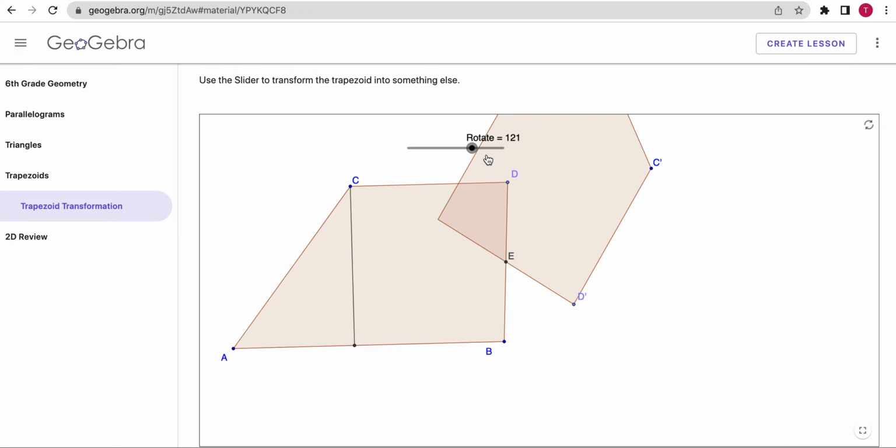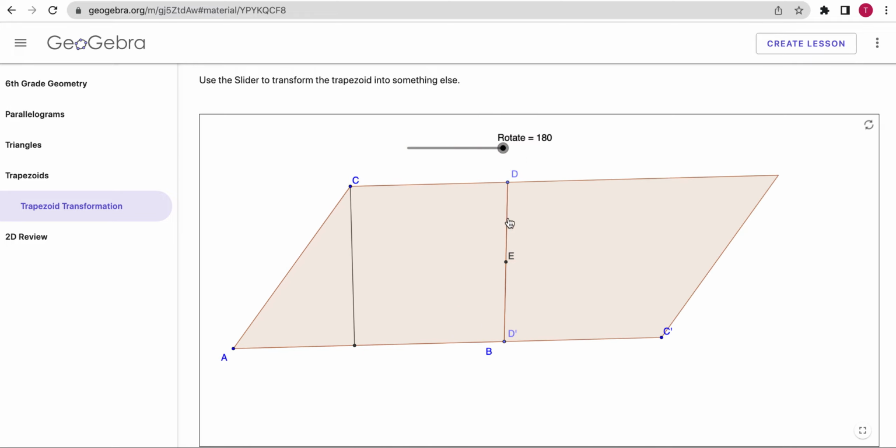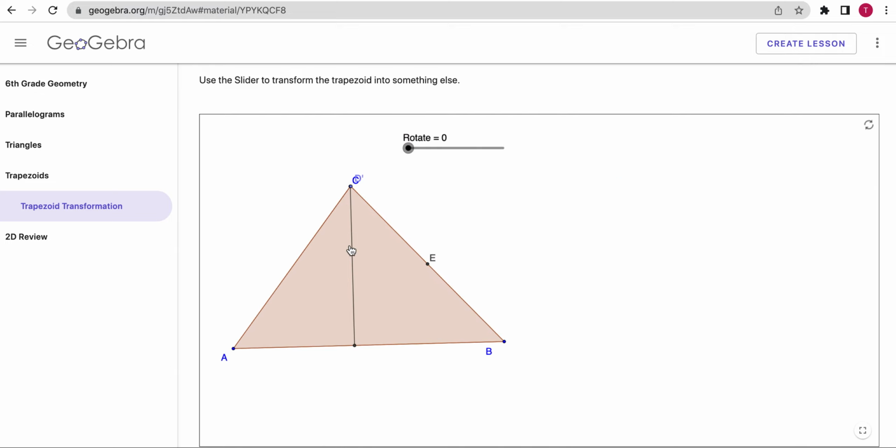When we rotate this, it becomes a movable point where we can alter the lines of our parallelogram. As you can see right here, I've made another parallelogram, but it's made out of 2 right triangles.